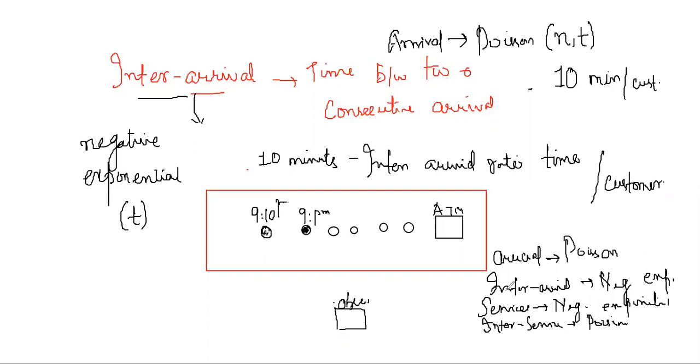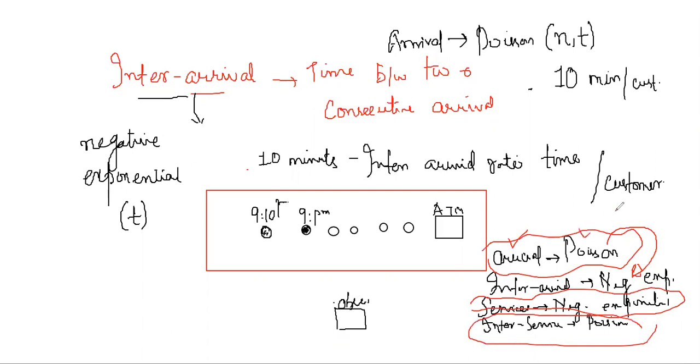Before this lecture you had studied the distribution of arrival and distribution of service. So you have remembered that arrival follows Poisson, but its inter arrival will follow negative exponential. Similarly, the service pattern is negative exponential, but its inter service will be Poisson distributed.